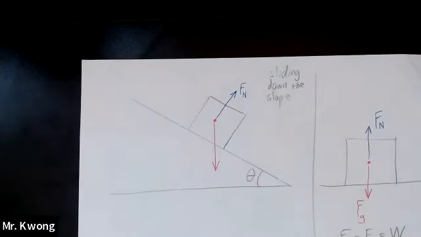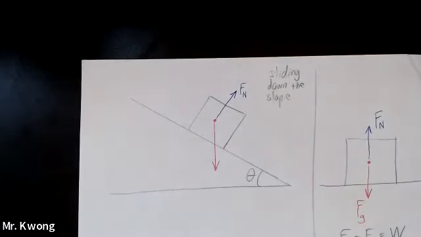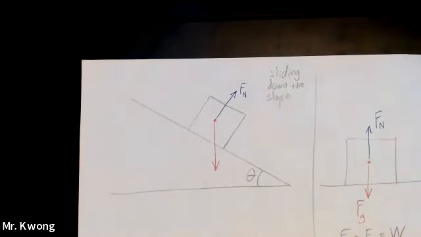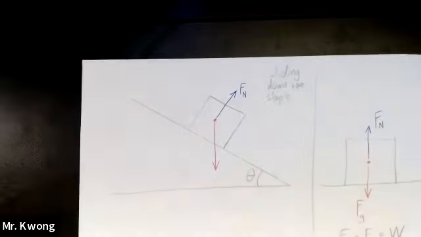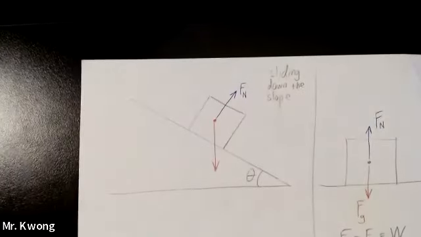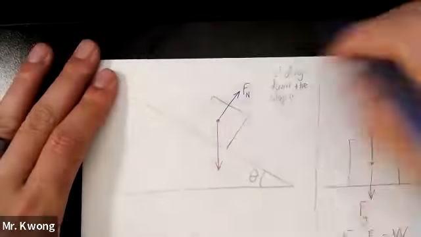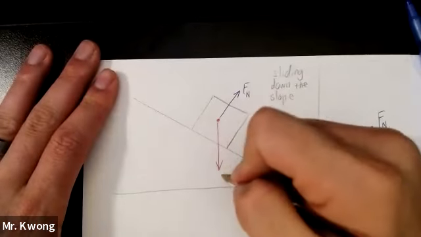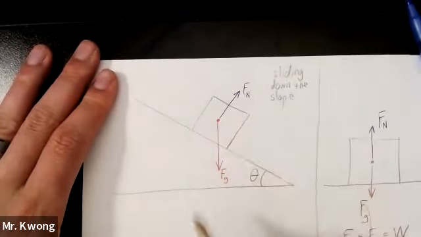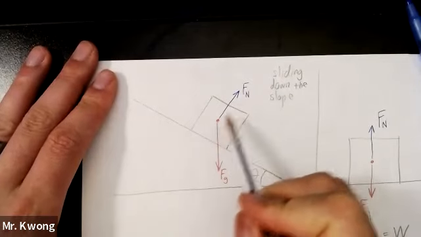So that surface in this case is at some angle, and so therefore the normal force is also at that particular angle. And then for the force of gravity, which component of the force of gravity opposes the normal force?